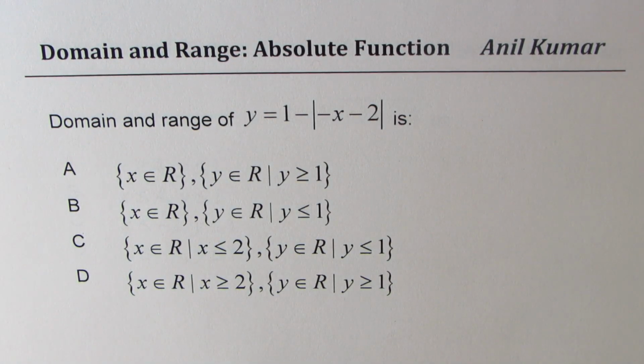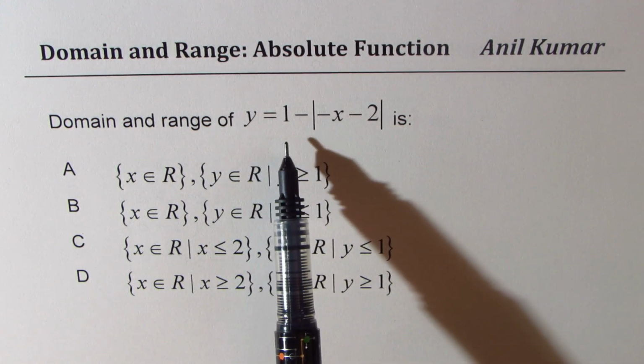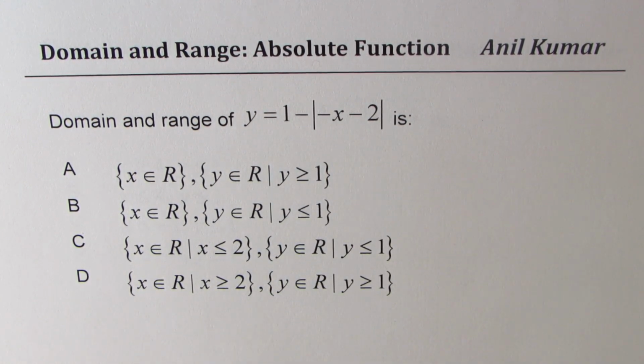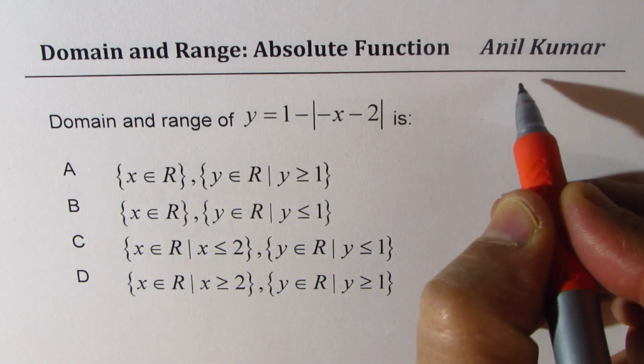You need to find domain and range of y equals minus 1 minus absolute value. Now in this case, there are 4 options. You can pause the video, answer, and then look into my suggestions. Now take it as a test question.